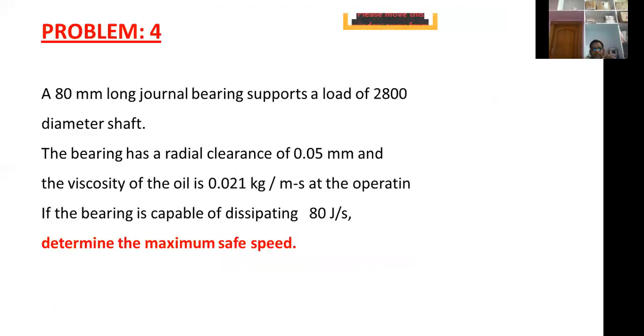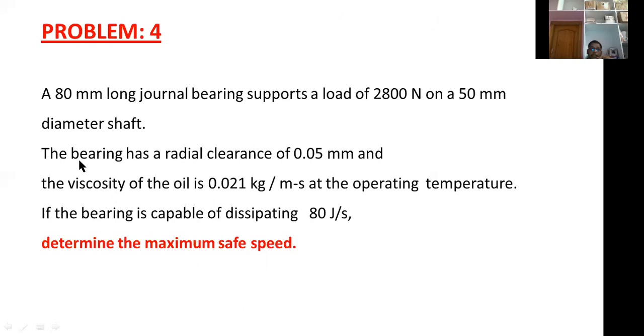Now I am going to explain another problem, that is problem number 4. Here the given data is: an 80 mm long journal bearing supports a load of 2,800 newtons on a 50 mm diameter shaft.